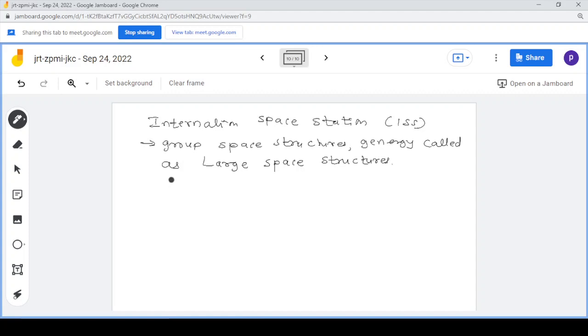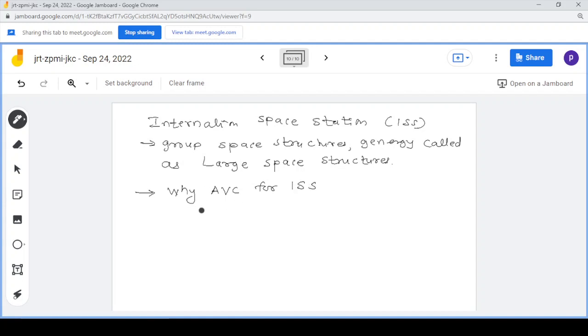Now the question is, why do we have to use active vibration control for the International Space Station? Let us address that, then we will proceed towards the traditional applications of active vibration control.